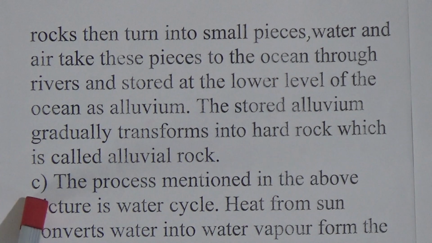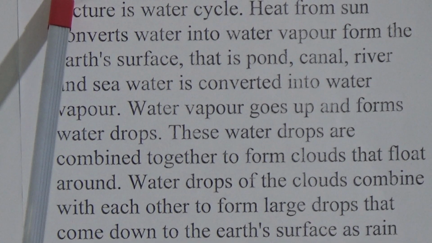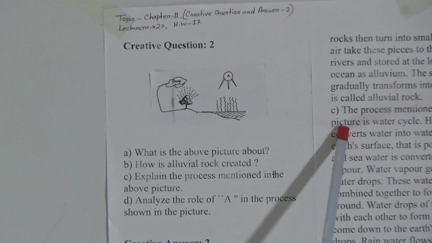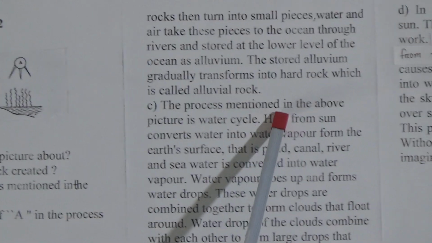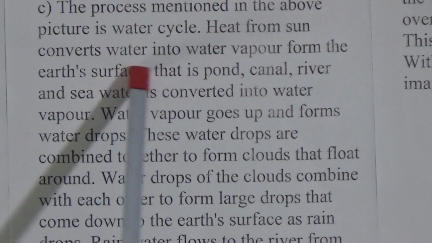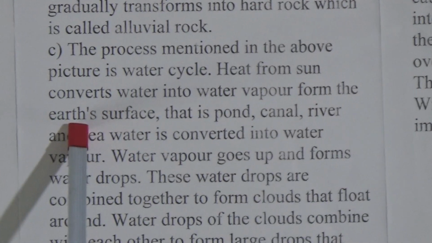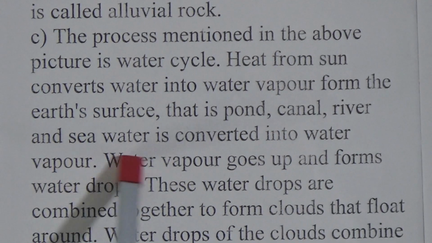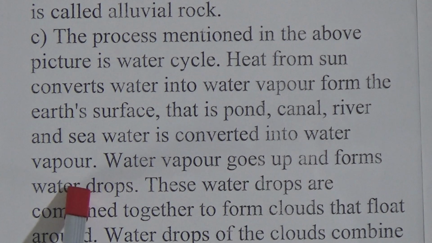Now C number answer. Our C number question was, explain the process mentioned in the above picture. The answer is, the process mentioned in the above picture is water cycle. That means this is water cycle picture. Heat from sun converts water into water vapor from the earth's surface. That is pond, canal, river and sea water is converted into water vapor.